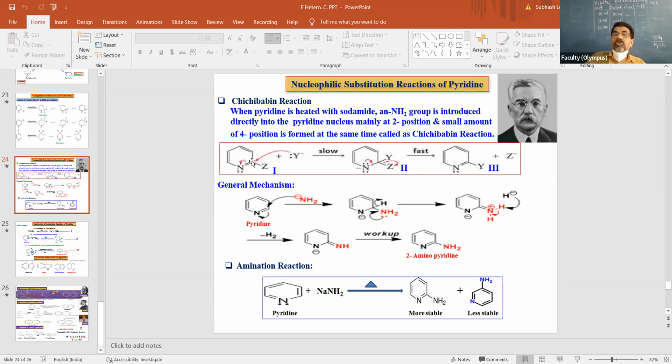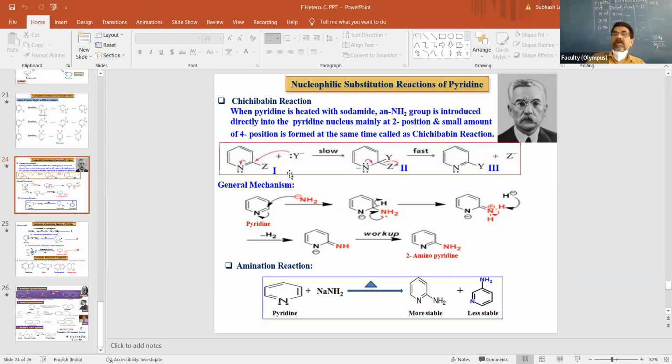Here I show the general mechanism. With NH2 attacking at the 2 position, you obtain an intermediate like a sigma complex, and you obtain the substituted product. Here is the reaction mechanism I have shown: the NH2 attacks at the 2 position, you get this type of intermediate, then the proton is abstracted and eliminated, and you obtain 2-amino pyridine.